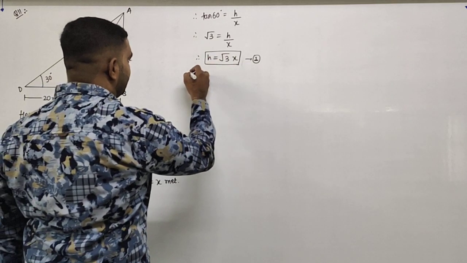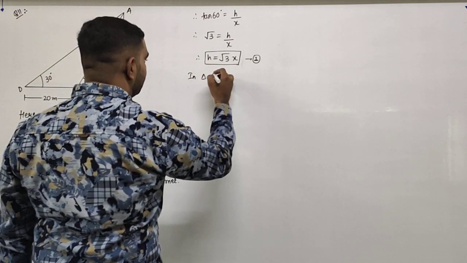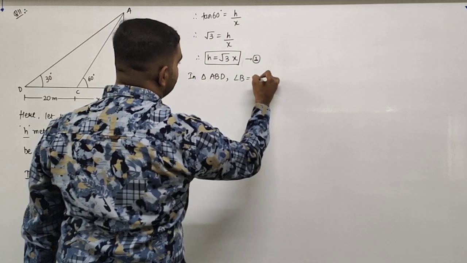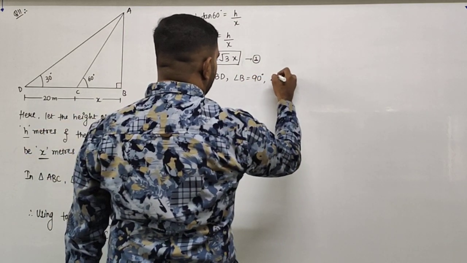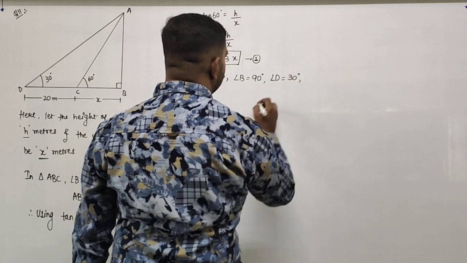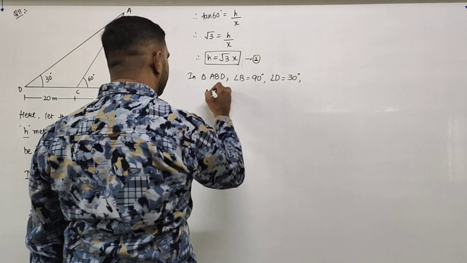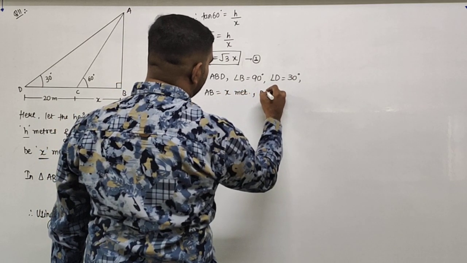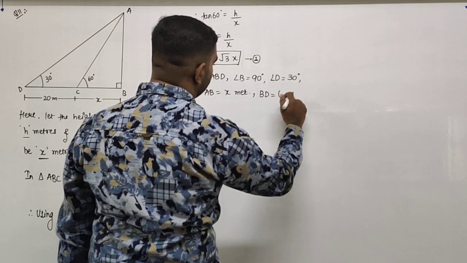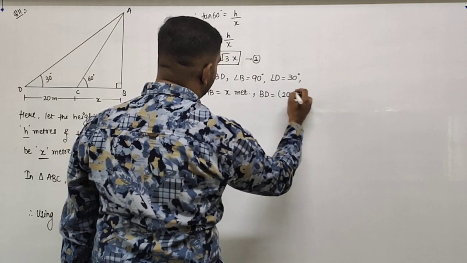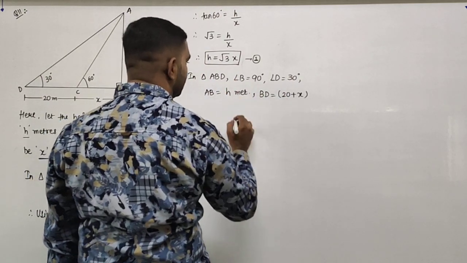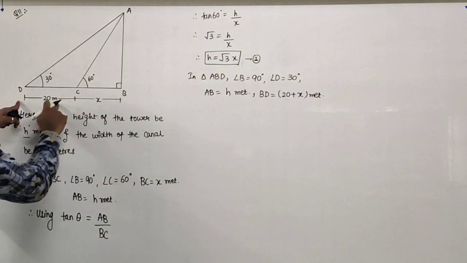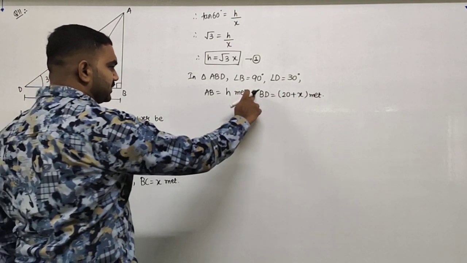Right? Now again in triangle ABD, angle B is equal to 90 degrees, angle D is equal to 30 degrees, AB is equal to h meters, and BD, that is 20 plus x meters. Right? This whole distance B to D is 20 plus x meters.